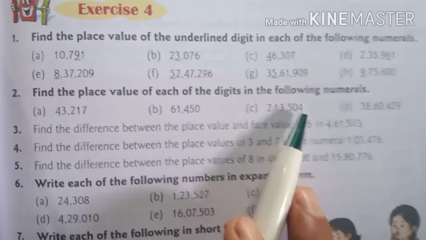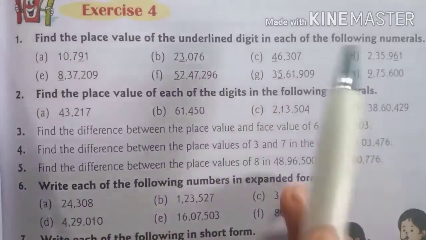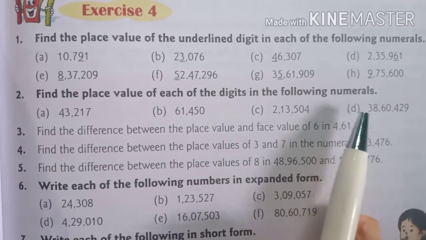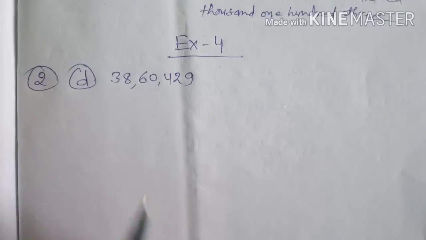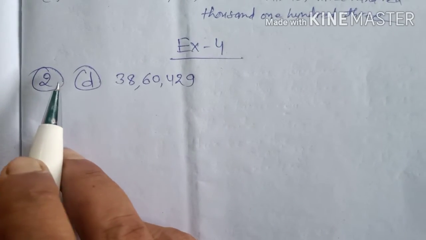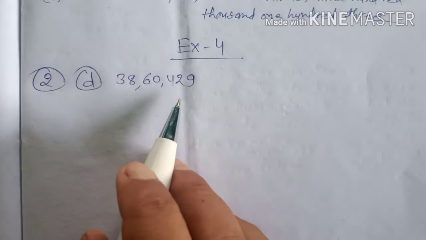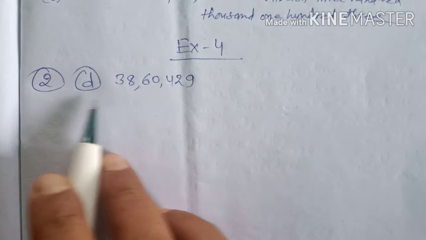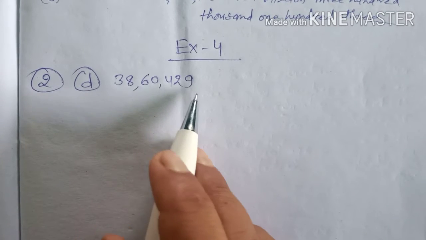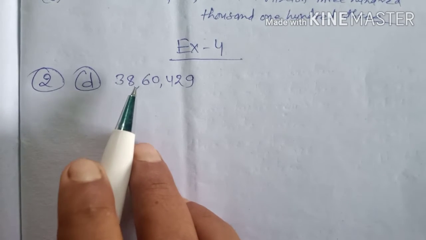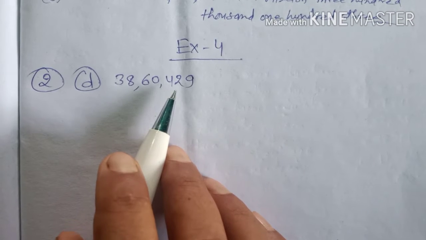I am showing you how to solve the question. After seeing that, you will definitely be able to solve these questions. See students, this is the number of question number 2, and I am showing you the way by which you will solve this type of question from A to Z. First you should know what is required in this question.